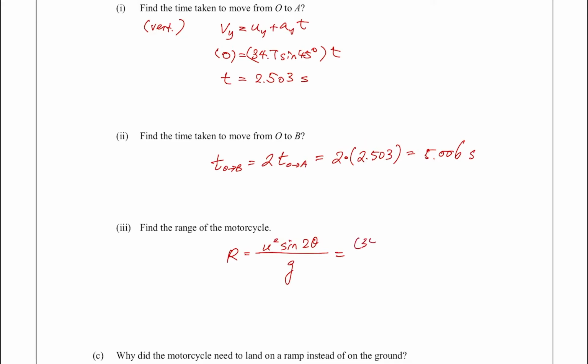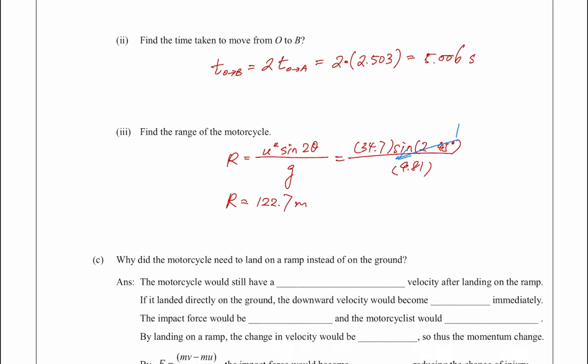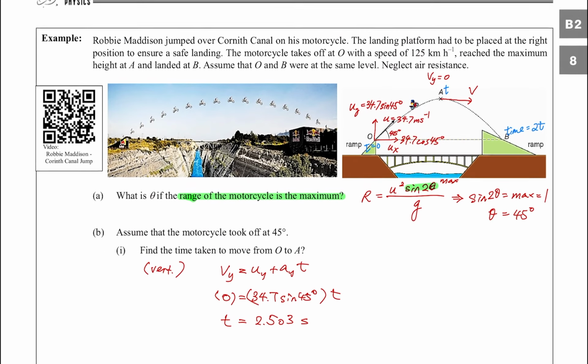So it is 34.7 squared, sine of 2 times 45 degrees, over 9.81. The sine gives us 1, and so the range would be 122.7 meters.